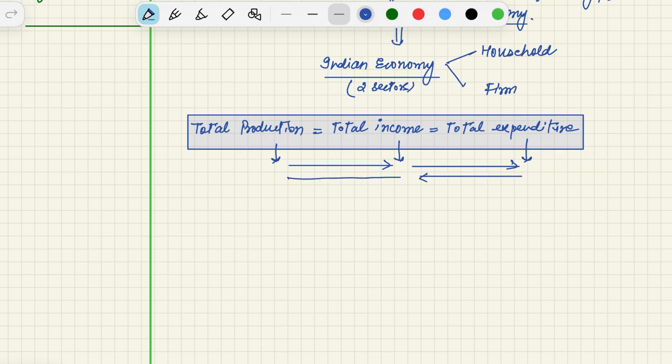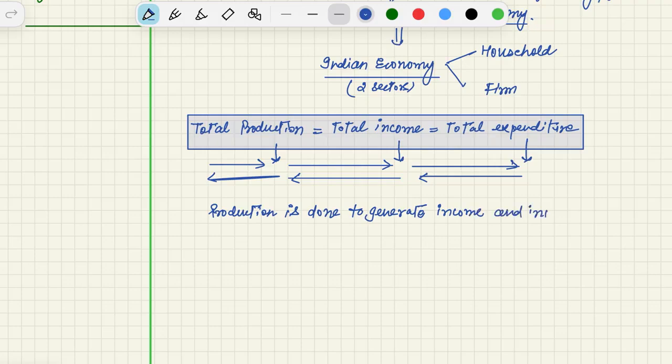Why circular? Because production is done to generate income, and income is spent, generally spent to get goods and services.